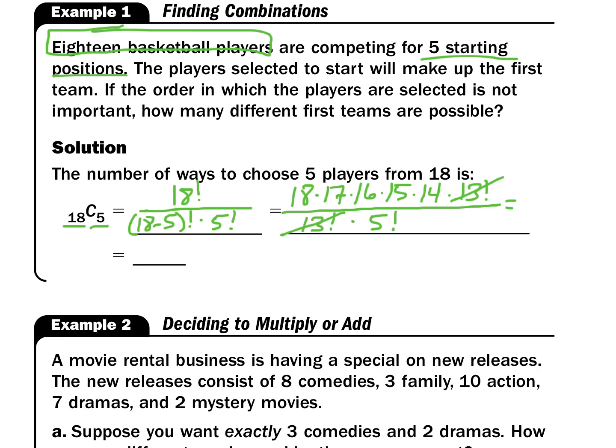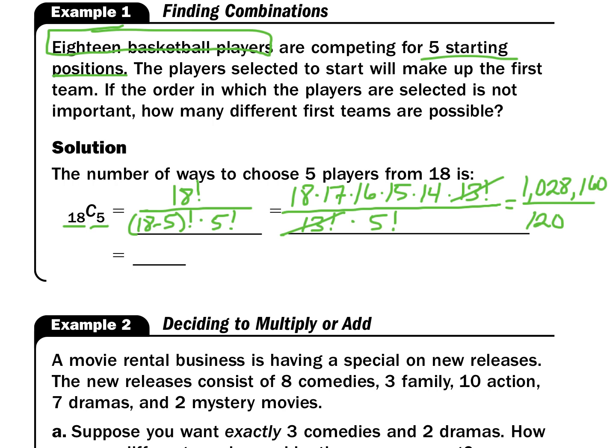And so we have 18 times 17 times 16 times 15 times 14 divided by 5 times 4 times 3 times 2 times 1. Well, on the bottom, 5 factorial is 120, and 18 times 17 times 16 times 15 times 14 gives me 1,028,160.